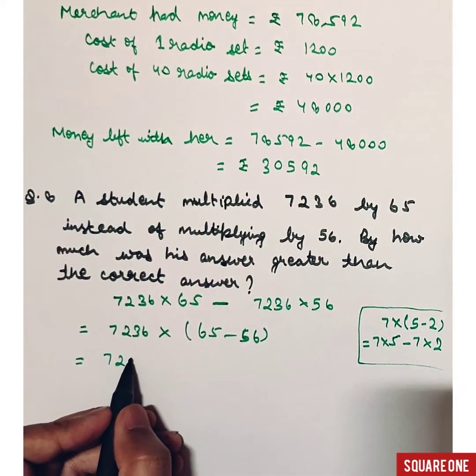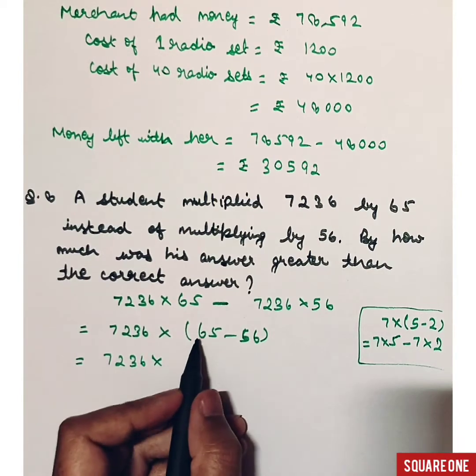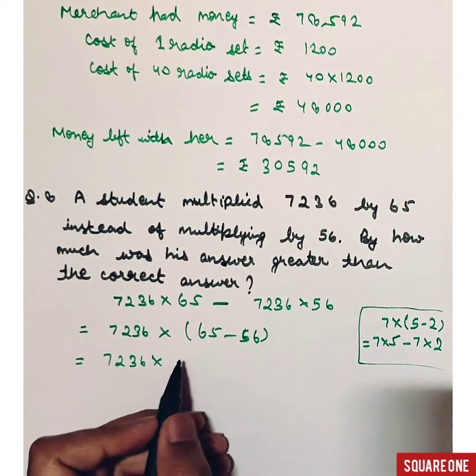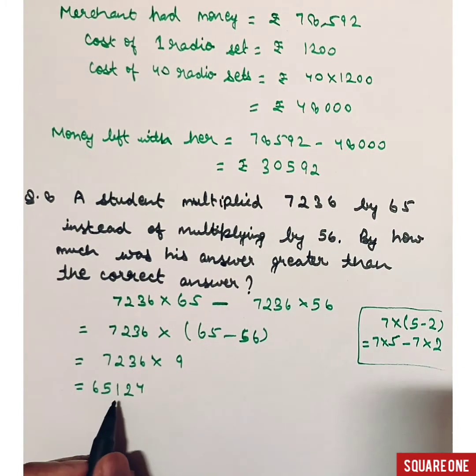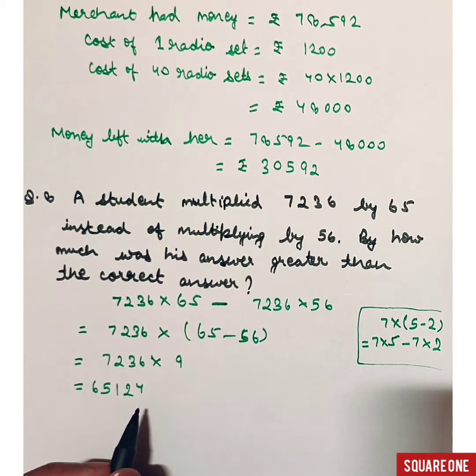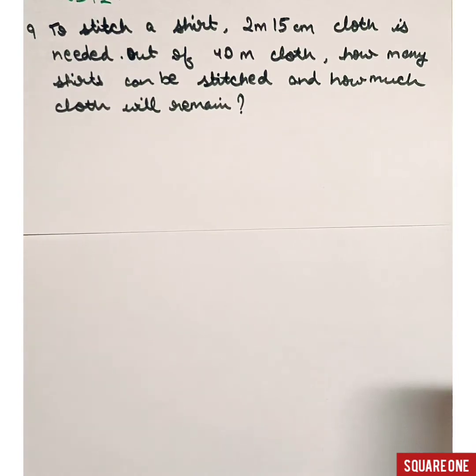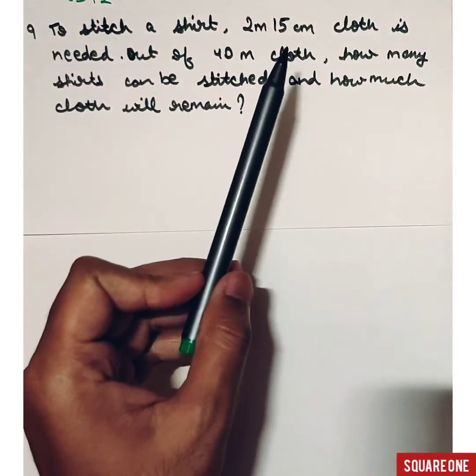Now 65 minus 56 is 9, so 7236 multiplied by 9. I multiply this and I get the answer as 65,124.